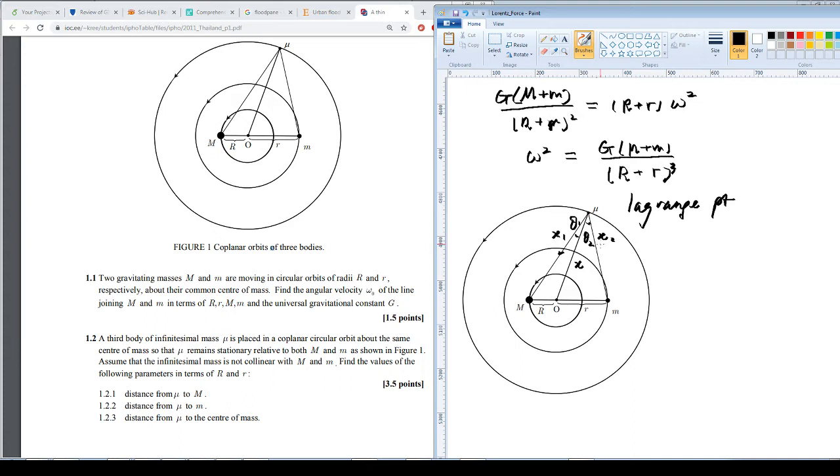So the net force acting on mu must be pointing at O, as you mentioned. And the tangential component must cancel out.